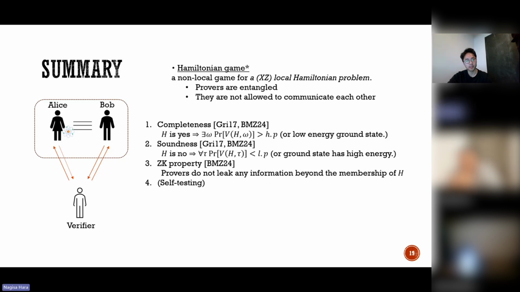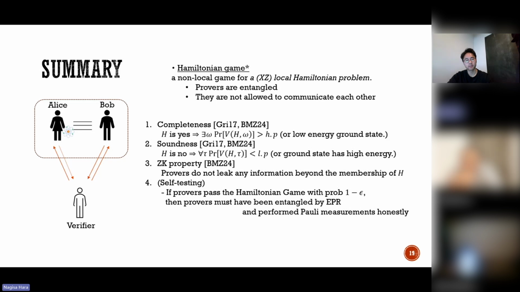And the fourth property is the sub-property, self-testing. If the prover passes the Hamiltonian game with high probability, 1 minus epsilon, then the prover must have been entangled with EPR pairs, and also performed the Pauli measurements honestly.